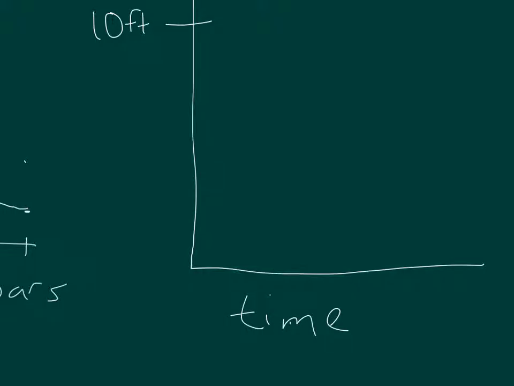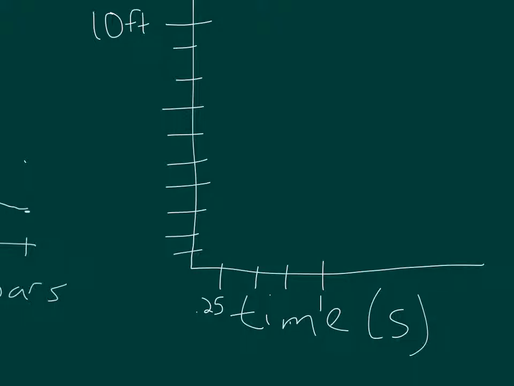T-I-M-E, time. Okay, in seconds. So this would be like 9, 8, 7, 6, 5, 4, 3, 2, 1. In time, we'll go in quarter seconds. 0.25, this would be 1, 2. Okay, so at 0 seconds, I held it at 10 feet.